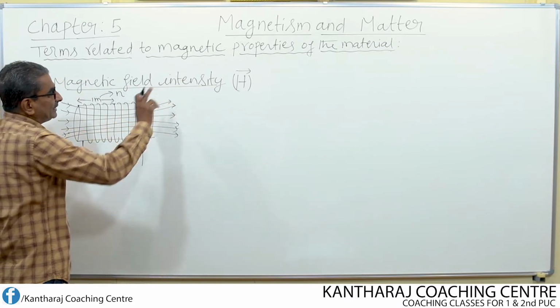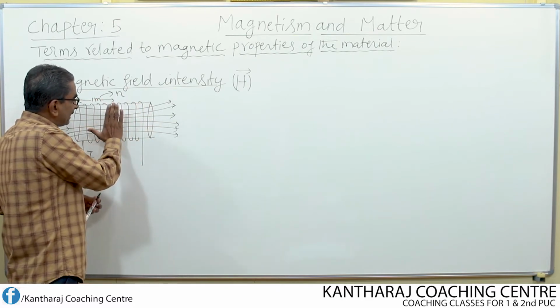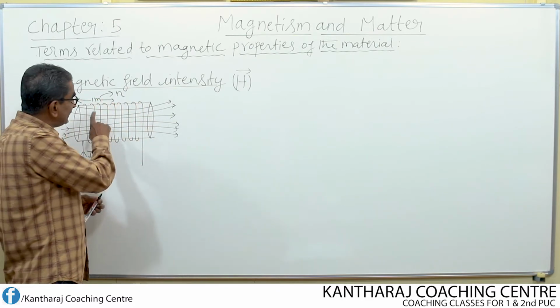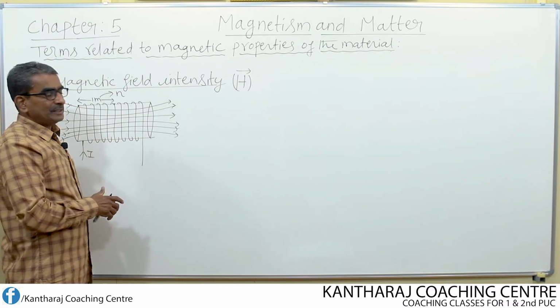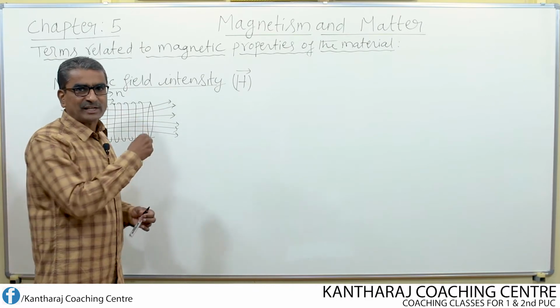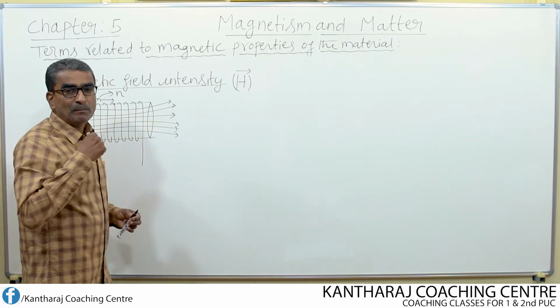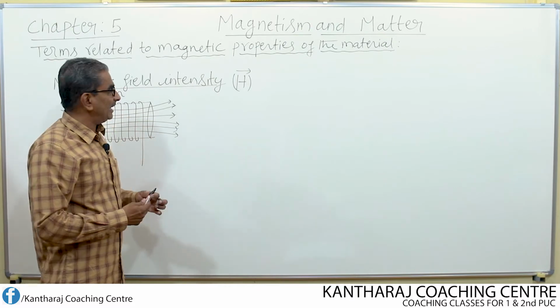Now magnetic field intensity refers to the degree of the magnetic field which can magnetize the material. That means to what extent or to what level this magnetic field is able to magnetize a magnetic material.